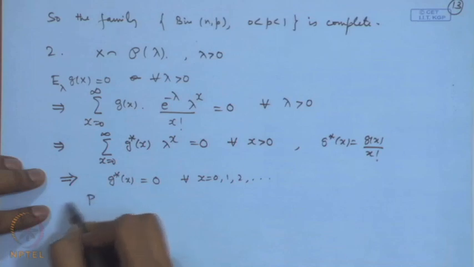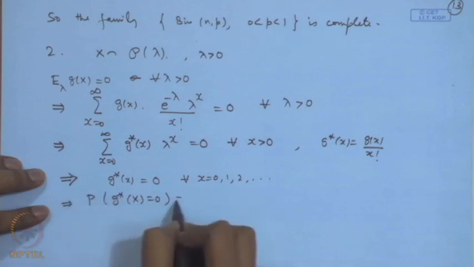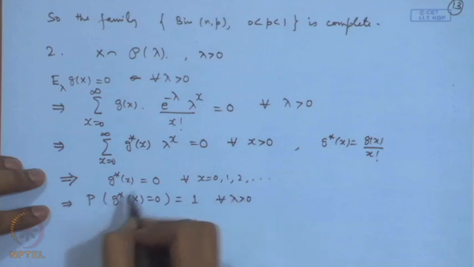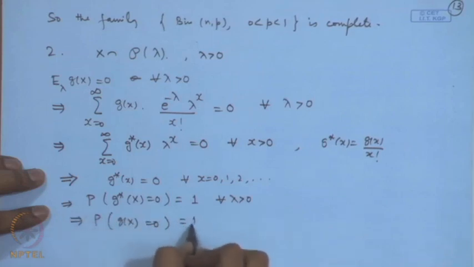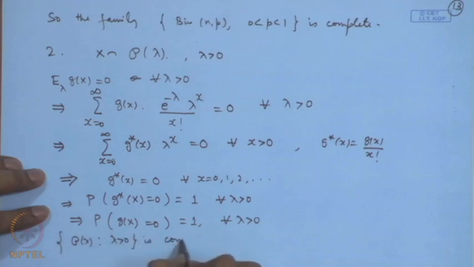Therefore, we can say that probability that g*(X) is equal to 0 is 1 for all lambda. Now, g* is nothing but g(x) / x!, that means g(x) itself is 0 with probability 1. So, this family of probability distributions of Poisson(lambda) is complete.